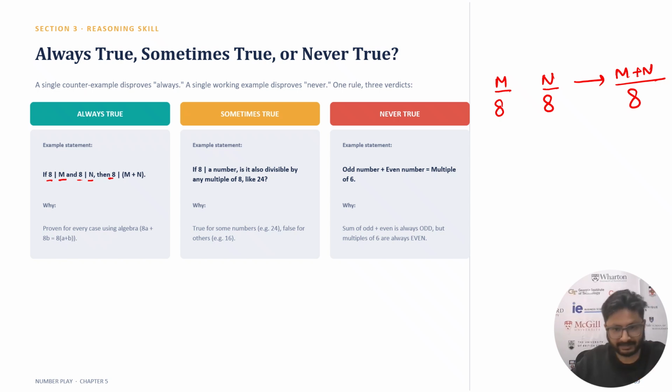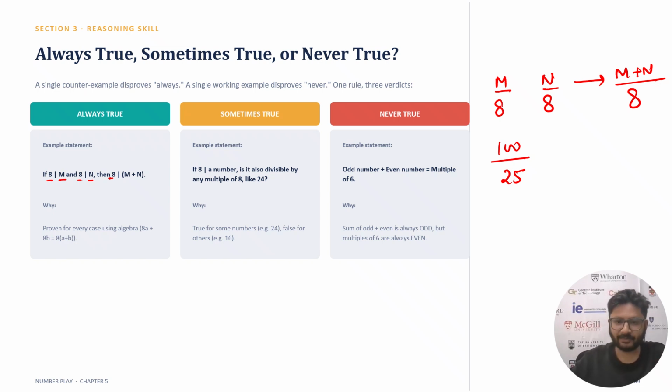So we discussed this in the last slide, but the other way around. Let's say 100 is divisible by 25. Then 100 will also be divisible by all the factors of 25. That is true. But 100 will not be divisible by all the multiples of 25. This might be true in some of the cases.